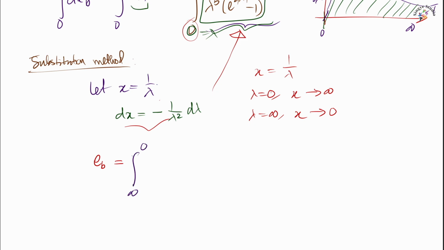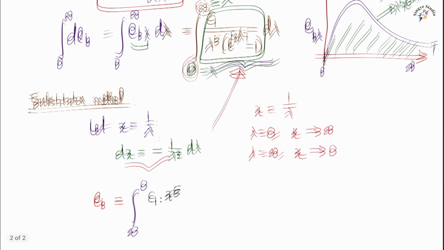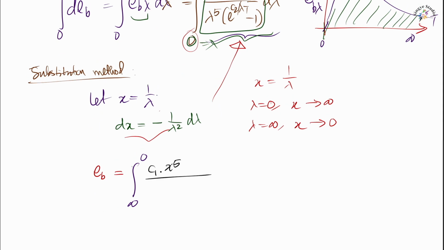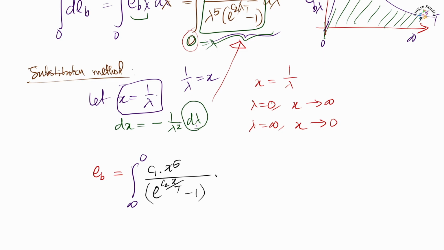If we substitute these values, then we have c1 times x to the 5th power divided by e raised to c2 x upon t minus 1, times, now we have to find the value of d lambda. You know that our x equals 1 by lambda, so x squared is equal to 1 by lambda squared.